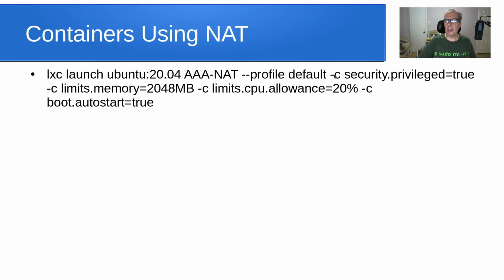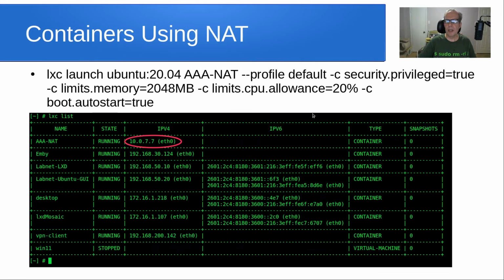I use my default profile, and then I use my switches that I typically do, which is to say that security privileged is true, default memory cap is 2048 megabytes, and CPU allowance is at 20%, and set it up to auto start. When I do an lxc list, I get a container that looks like this, and it's running at 10.0.7.7. So that is a NAT container.